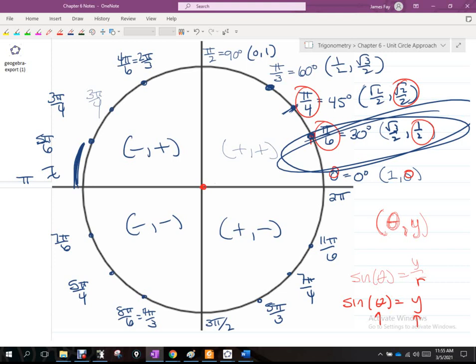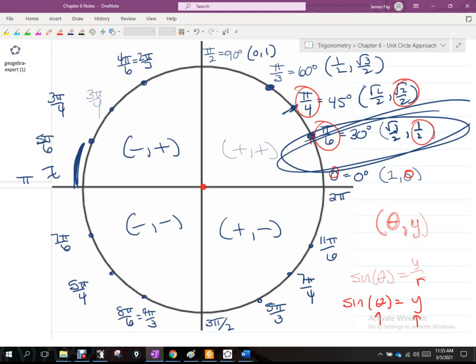Sine of negative theta is equal to the opposite of sine of theta, okay? So if I said negative pi over 6, that'd be that right there. Would you guys agree its y value, which would be negative 1/2, would be the opposite of that y value right there? So if we ever want to deal with a negative angle, and negative angles kind of suck, right? We can use this relationship that says, let's just work with the positive angle and basically take that negative out front. But it's a different relationship than for cosine and a different relationship for tangent as well.